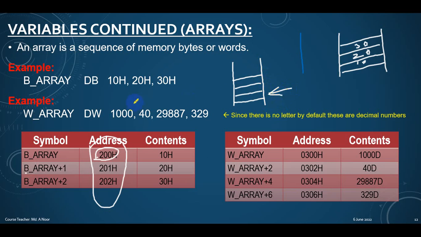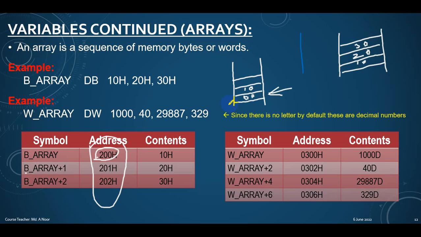Each element will take 2 memory locations. There's a rule. Low order byte goes to the lower memory location. High order byte goes to the higher memory location. This is the lower memory location. In this case, it is 300. At 301, you will get the high order byte. So each element is taking 2 consecutive memory locations.